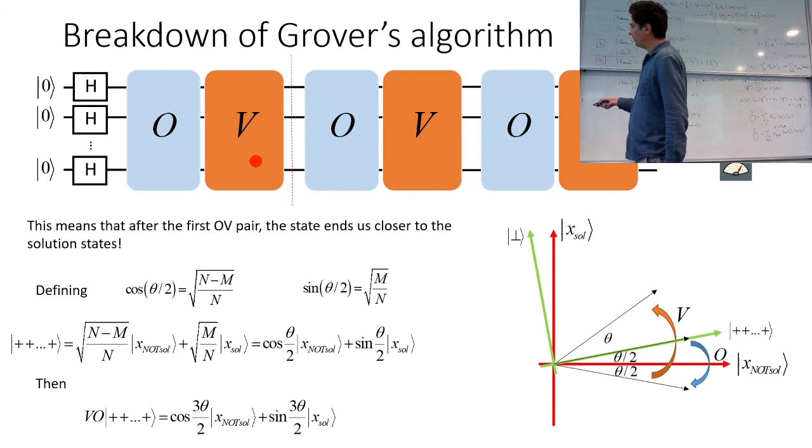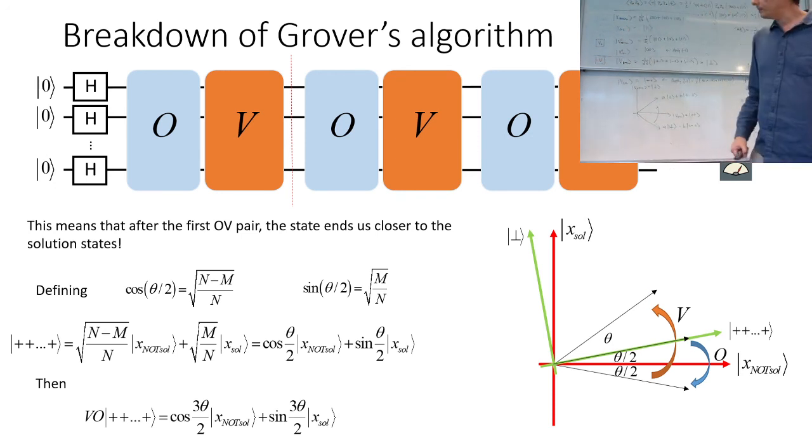So after the first two steps, it's actually got closer to the target, which is this blue one, by an angle theta.